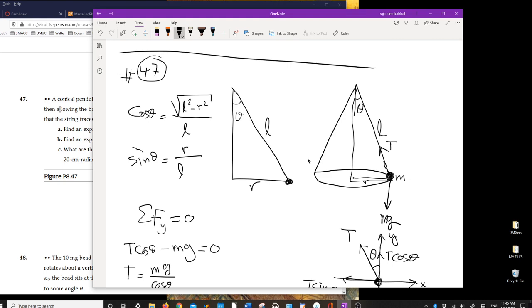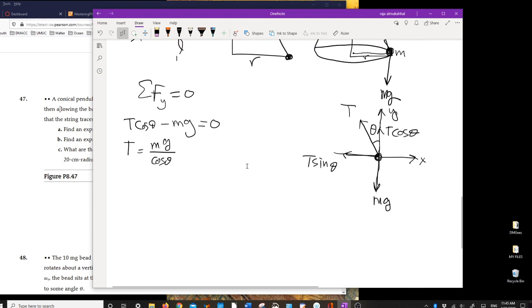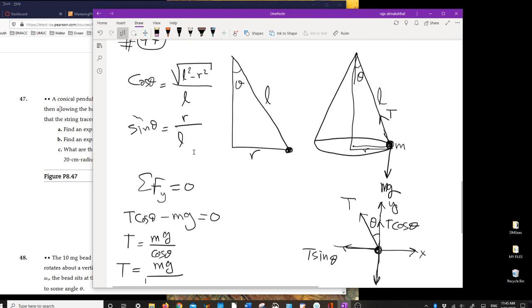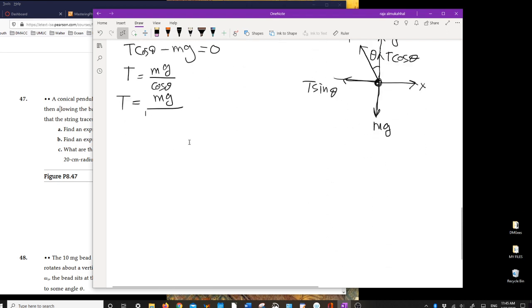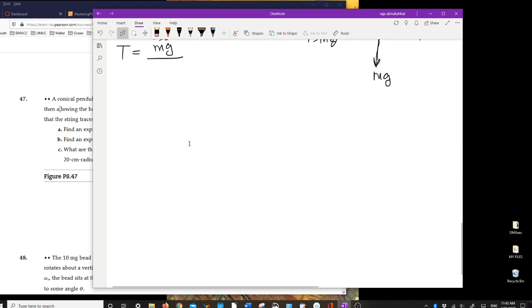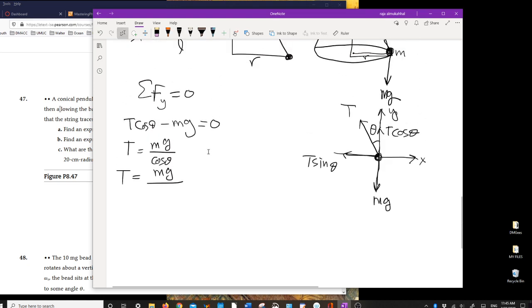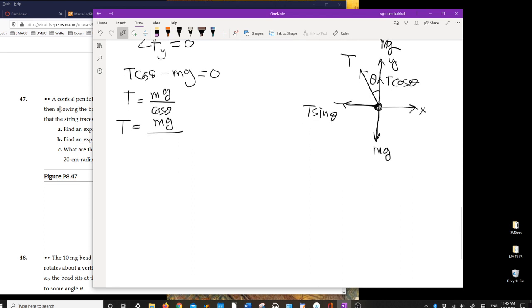So we have those two expressions. Now let me go back and calculate the tension. It's going to be mg over cosine theta. Cosine theta is that, so the tension is going to be mgL over the square root of L squared minus R squared.